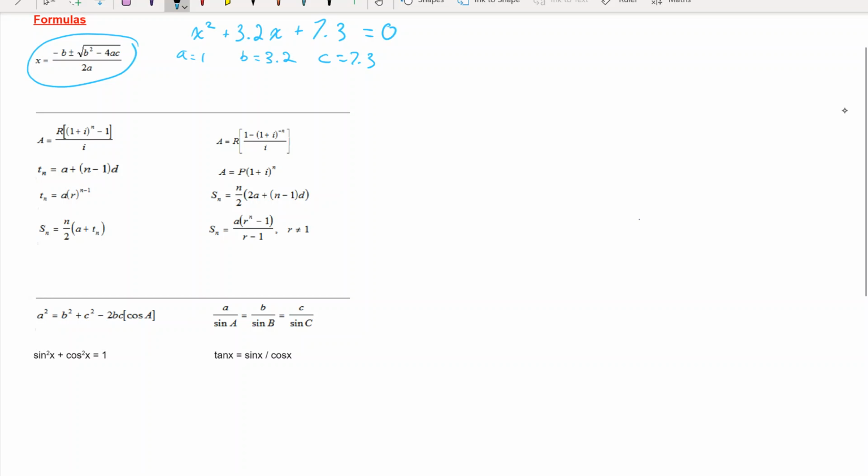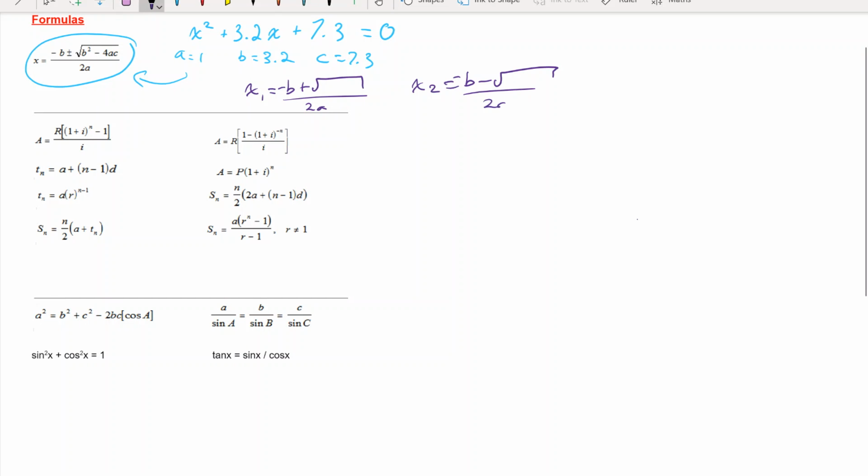I can plug those numbers into my quadratic formula, and I'll end up getting two values of x. So I'll get x1 equals negative b plus whatever is under the square root, divided by 2a, and I'll get another x value for negative b minus whatever is under my square root, divided by 2a.